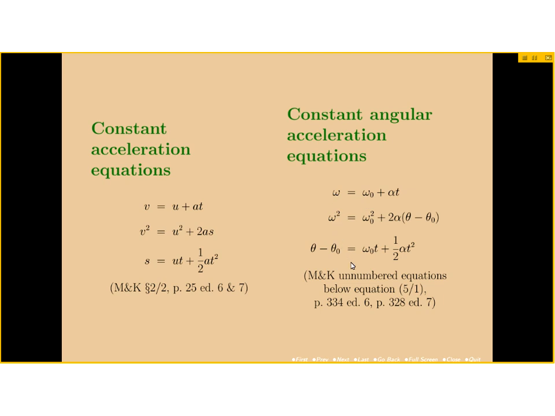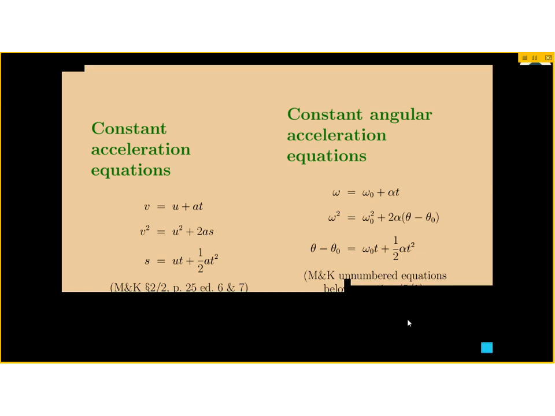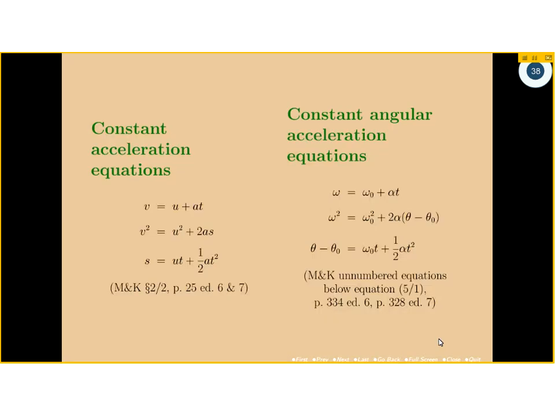They really are derived in the same way. The only difference is that these equations deal with rotation as opposed to these dealing with linear motion. And these three equations are, in Meriam and Craig, the unnumbered equations below equation 5.1. That's on page 334 in edition 6 or page 328 in edition 7. Yeah, so that brings me to the end of this recording.